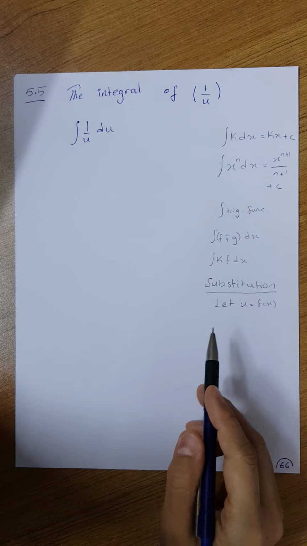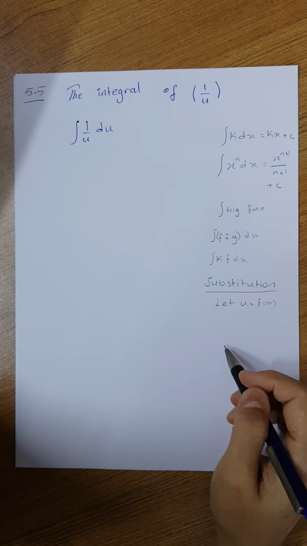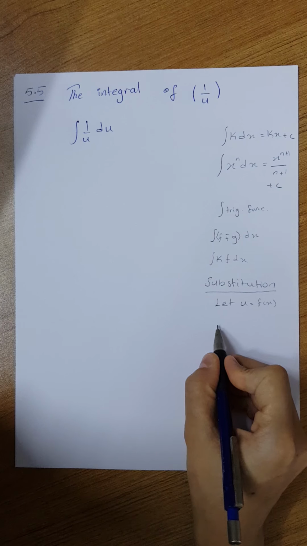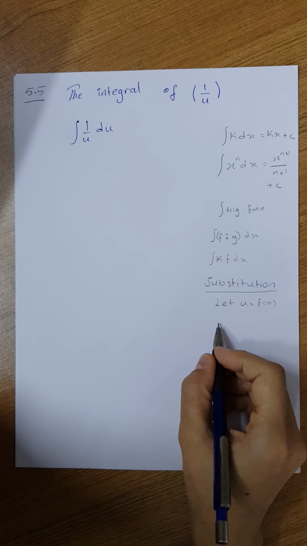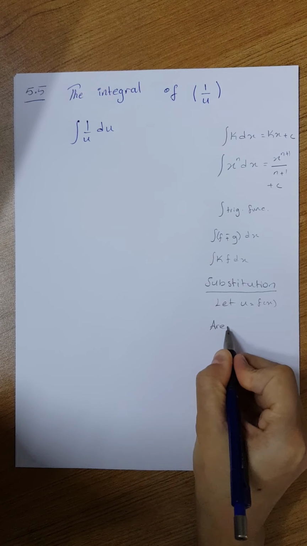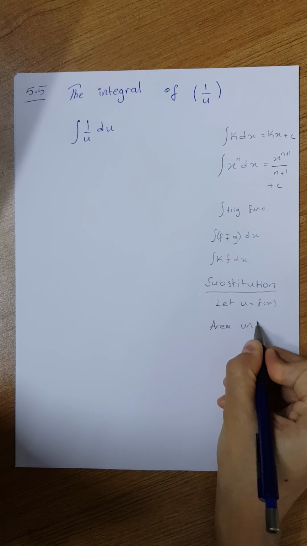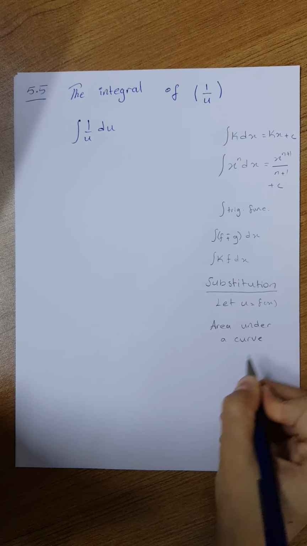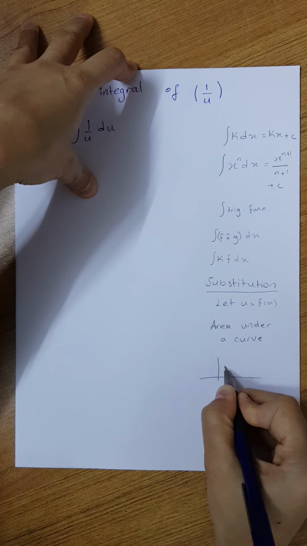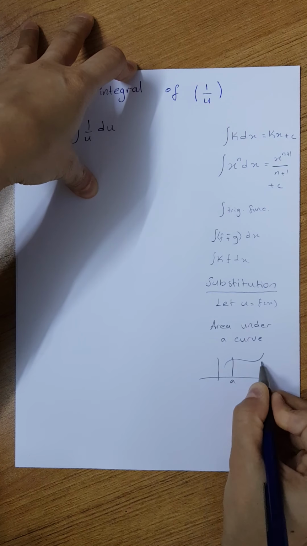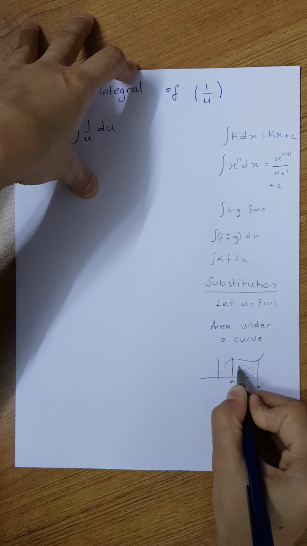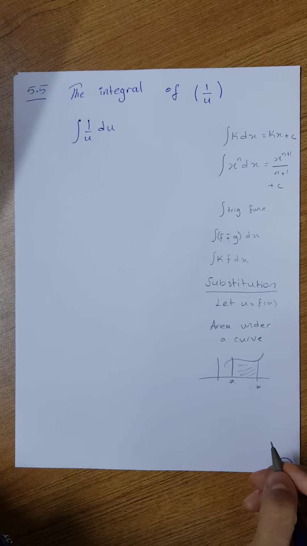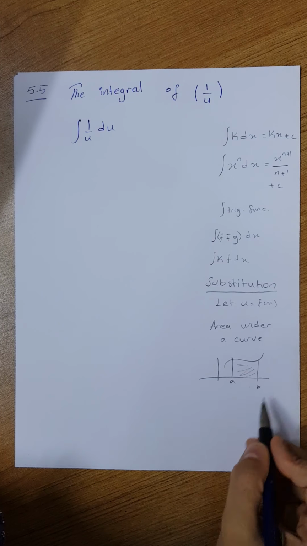Later on, after the substitution method, we studied first the area under a curve. That means we were having a function, and we had to find the area given under the curve and above the x-axis or below the x-axis. We were integrating this one.